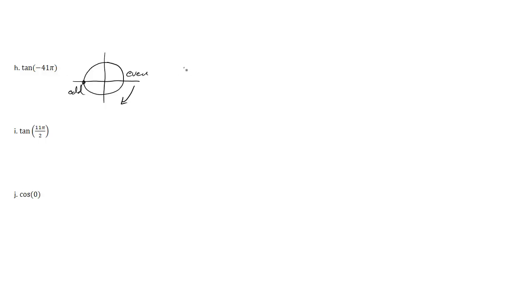So in the case of tan of negative 41 pi, that's going to end up being the same as just saying tan of 1 pi, which is the very basic odd number of pi's. And in that case, remember that tan means the gradient. So if you think about the gradient when you're horizontal or flat, the gradient is going to be 0.